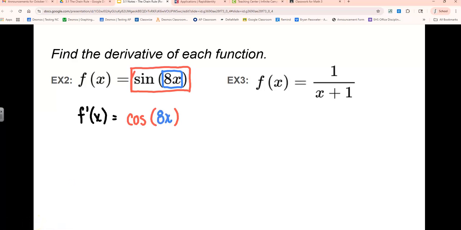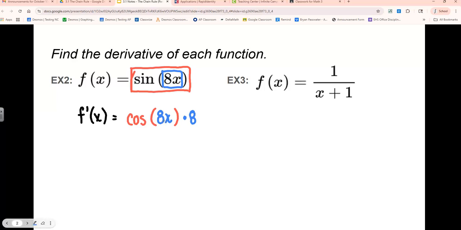We don't take the derivative of it here, right? So whatever that blue box is needs to still be right there, okay? But then, to do the chain rule, I must unwrap the blue box. I've got to take the derivative of the blue box. What do I get when I take the derivative of 8x? 8. So I multiply by that out here on the end.